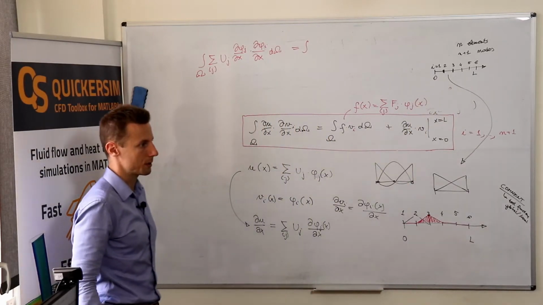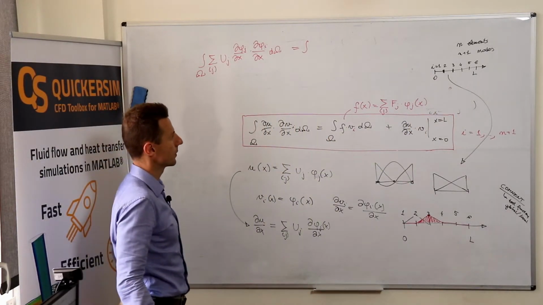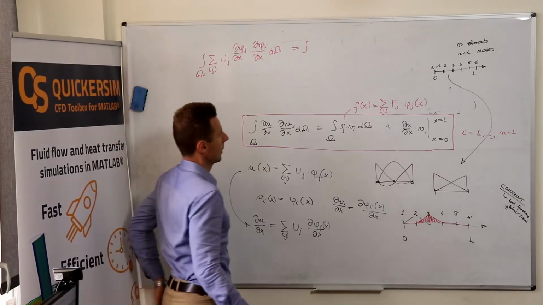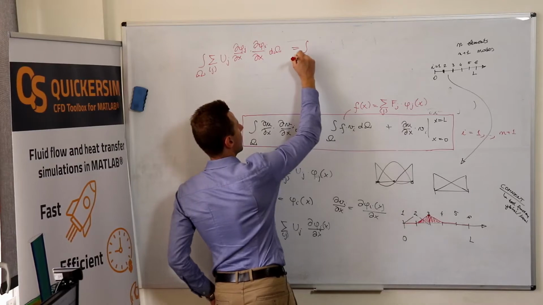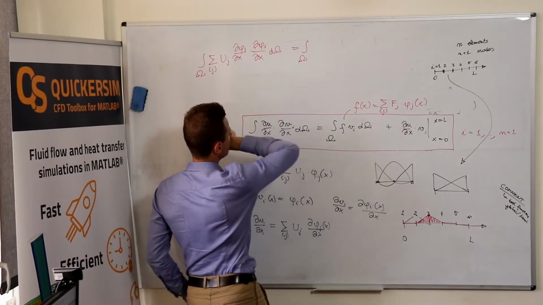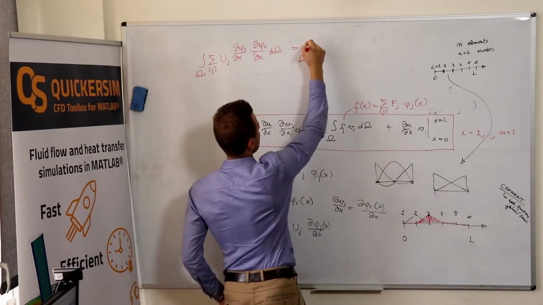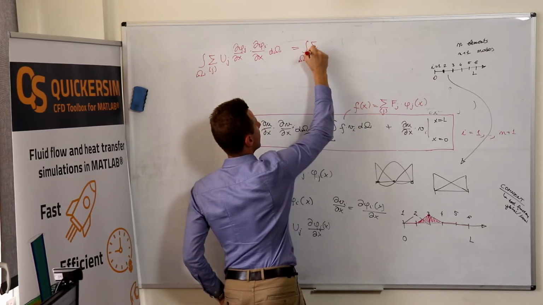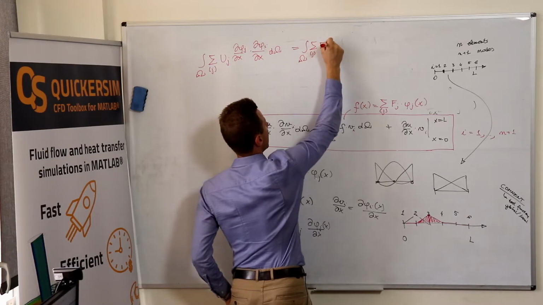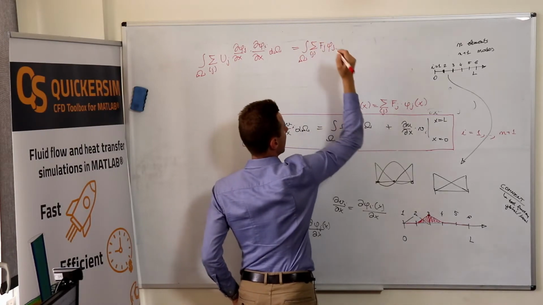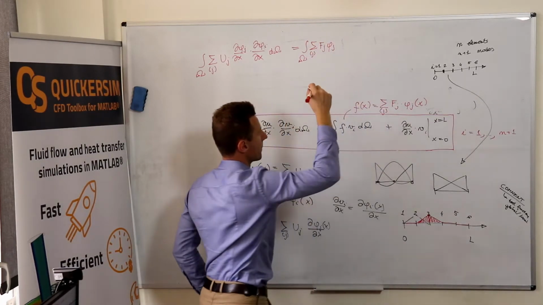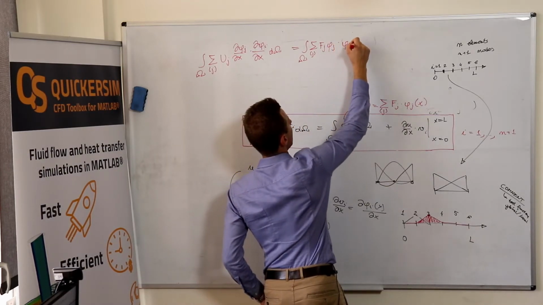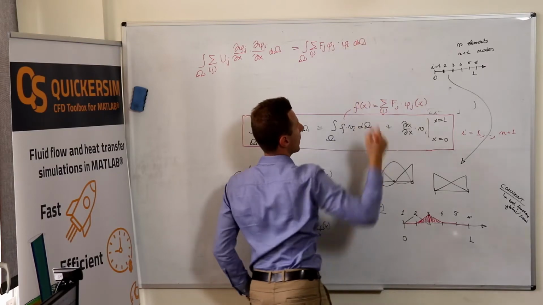So you've got a well-defined shape of the source term field. Then the integral over omega of f j phi j times phi I d omega.